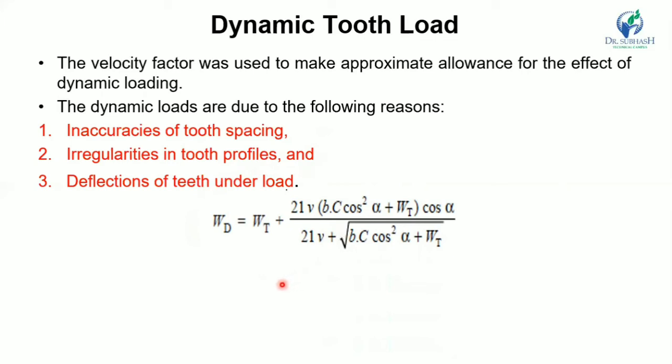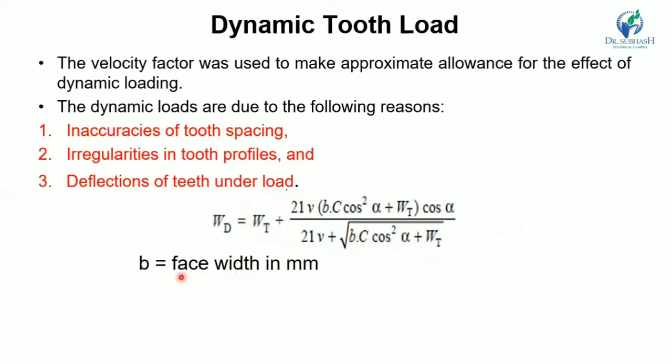And the value of the increment load is given by this equation: 21V into (BC cos² alpha plus Wt) cos alpha upon 21V plus root of (BC cos² alpha plus Wt). Okay. So here Wt is the tangential load and Wi is known as the incremental load.